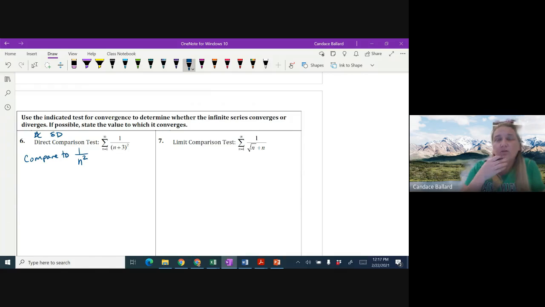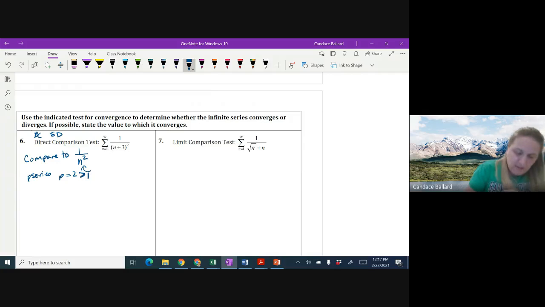Okay. So we're going to compare to that. So what type of test would I use for 1 over n? Oh, sorry, 1 over n squared. Okay, so that's definitely a P series. So P series with P equal to 2, which is greater than 1.